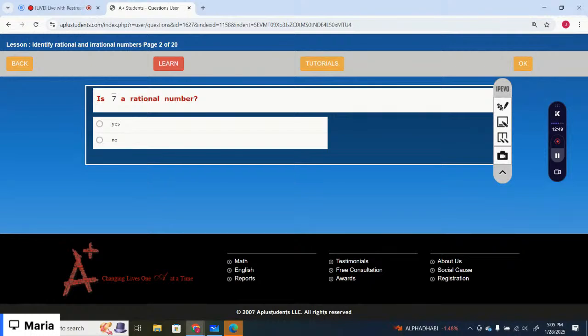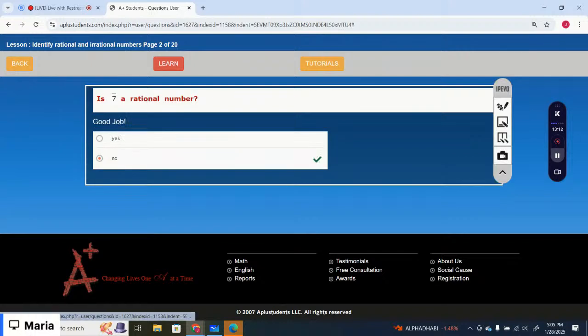Is square root 7 a rational number? No, square root 7 is not a rational number. The correct option is no.